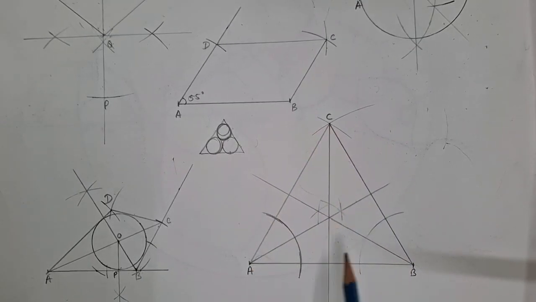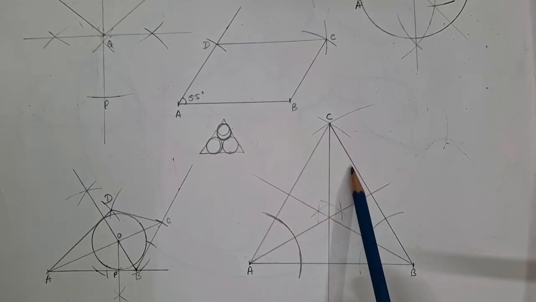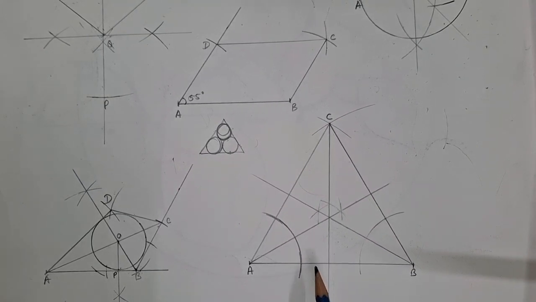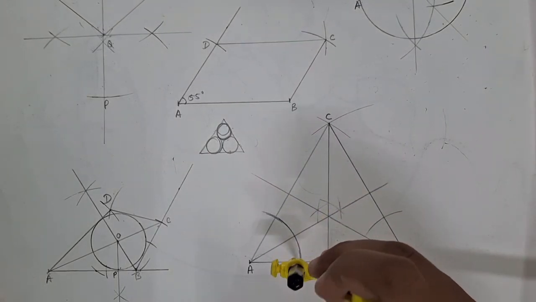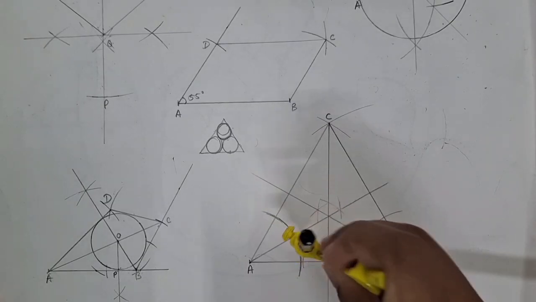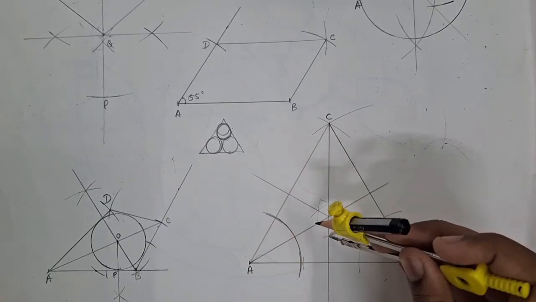So now it must be easier for you to construct 3 circles. You have to inscribe 3 circles in 3 rhomboids. So again the same process, we need to bisect the angle and draw a perpendicular and take the radius and inscribe circle. So I am going to repeat the same process. I will bisect this angle.